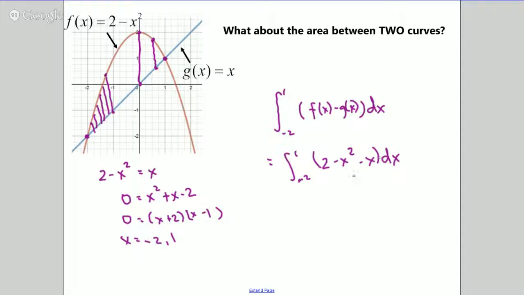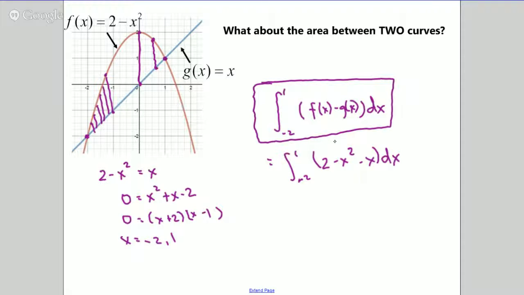Or you could find this on your calculator. Most of the problems in your book are going to be by hand, so I want you to find these by hand. However, on the AP exam, oftentimes, especially on the free response question, it'll be setup only, and you're done at this point. If the functions were given as f and g, you can leave it like this, because that was part of the stem of the question.